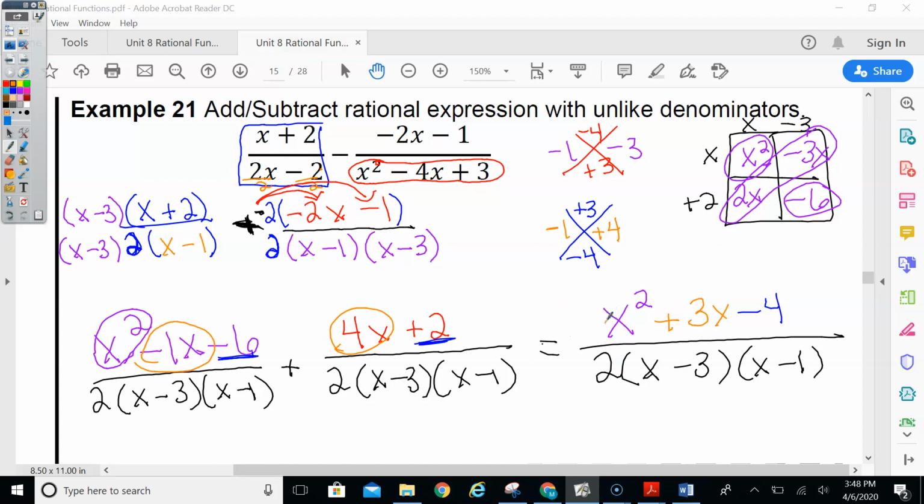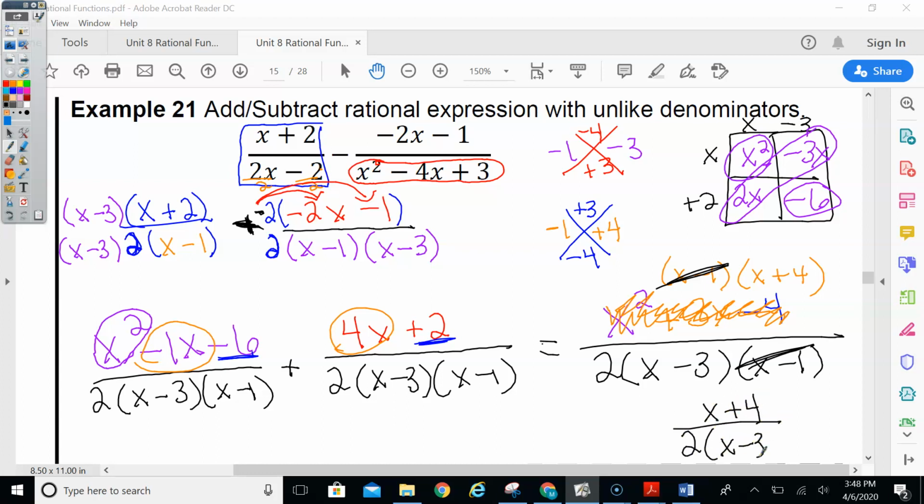So this part actually factors into x minus 1, x plus 4. So now I can actually reduce. Since they both have x minus 1, I cancel them out. And my final answer is x plus 4 over 2x minus 3.